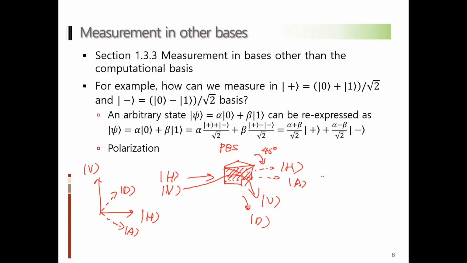But there is actually another option. Instead of rotating the PBS by 45 degrees, what we can do is put something called a wave plate, and the role of the wave plate is that it will rotate the original input polarization into another one.